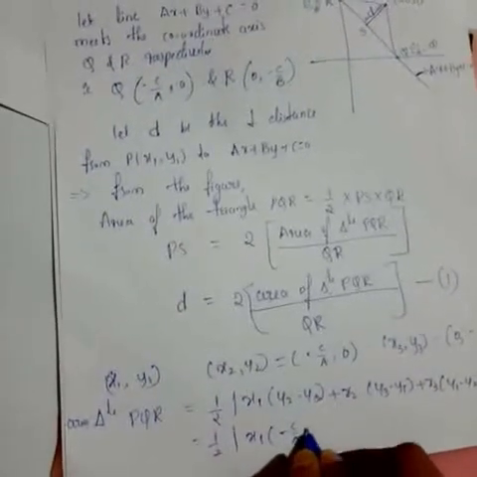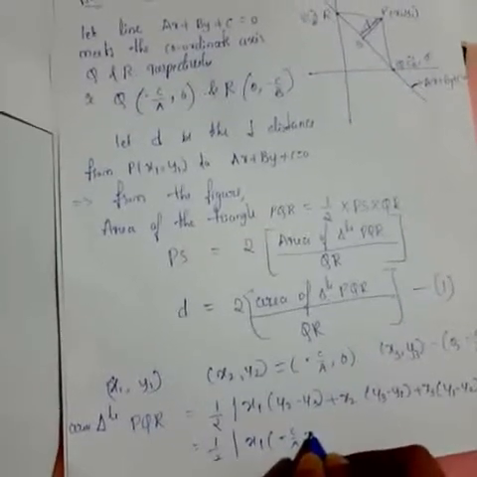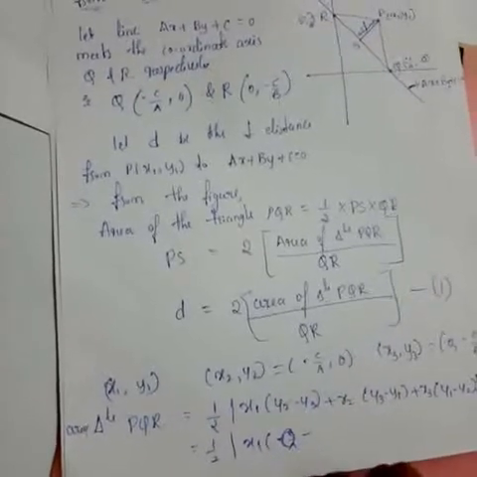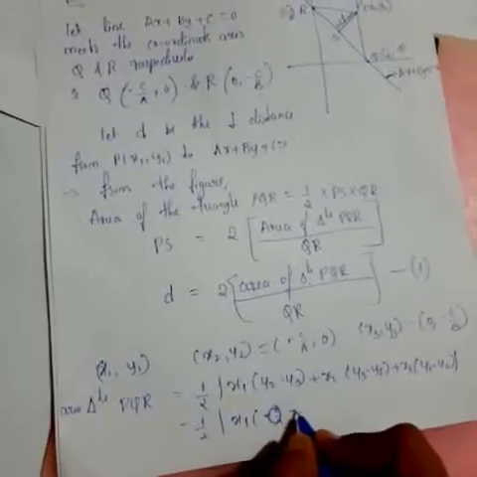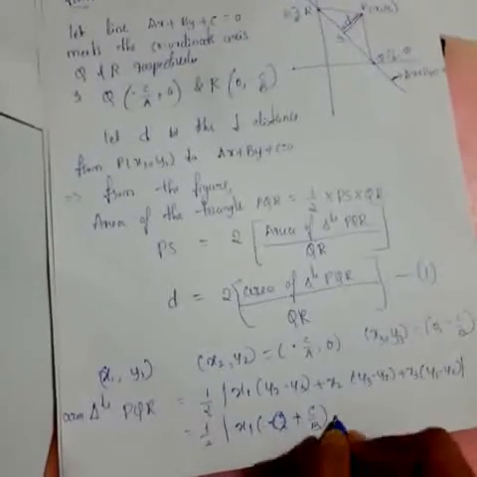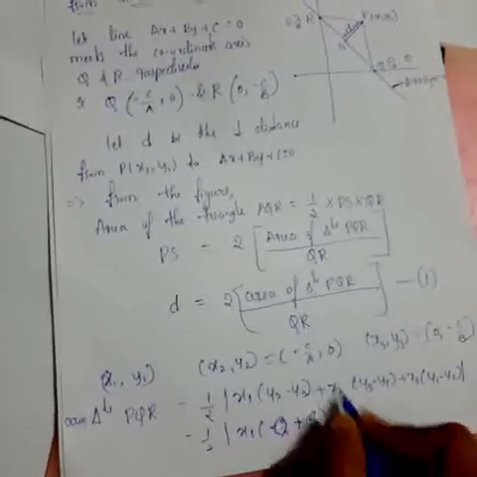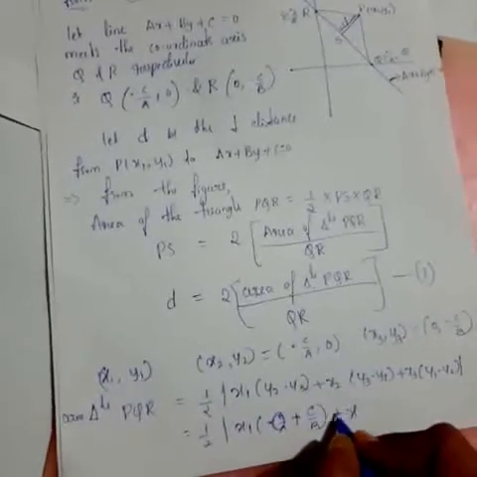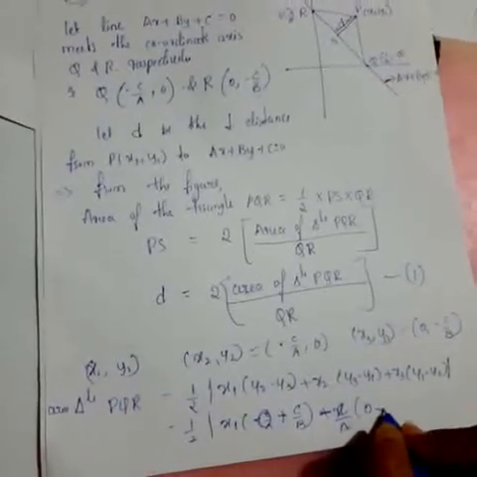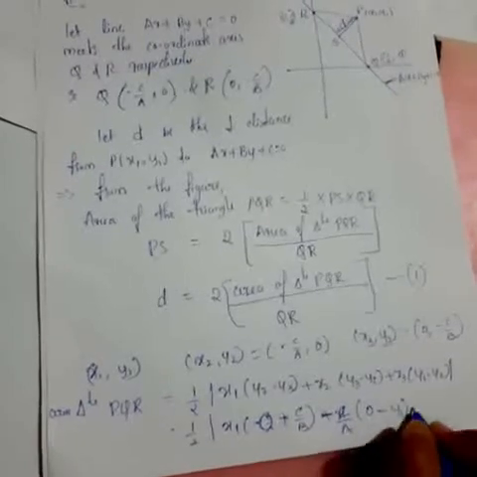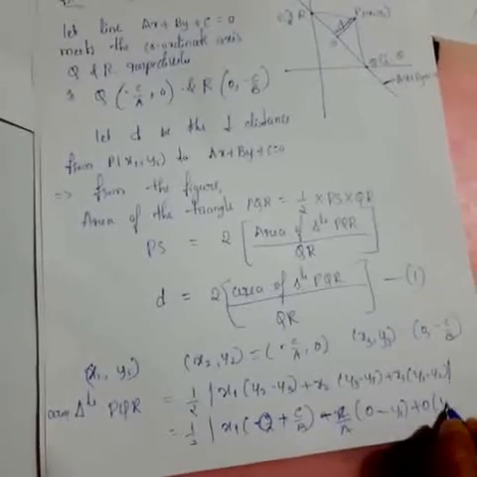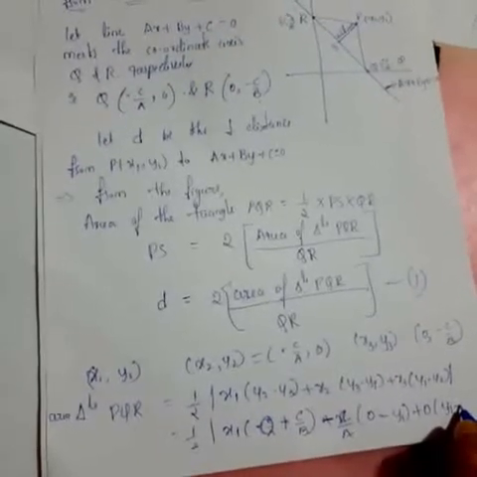Minus c by a, minus... y2 is 0. The next, minus y3 means minus c by b; that minus and this minus becomes plus c by b. Plus x2 is minus c by a. Next y3 is 0, minus y1 is y1 only. Then plus x3 is 0, and y1 minus y2, y2 is 0.